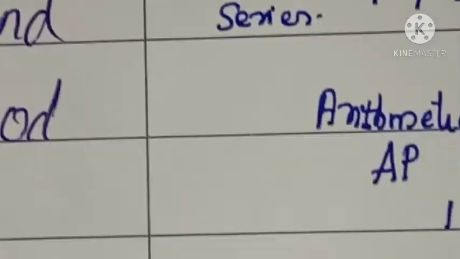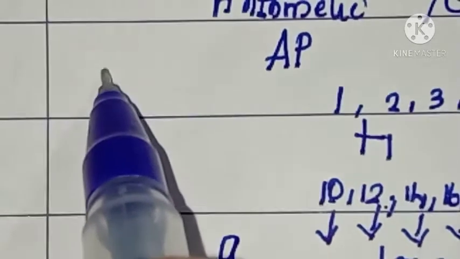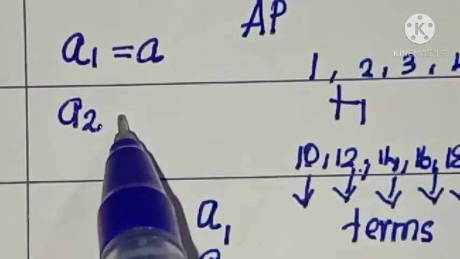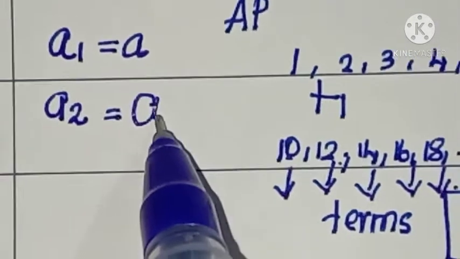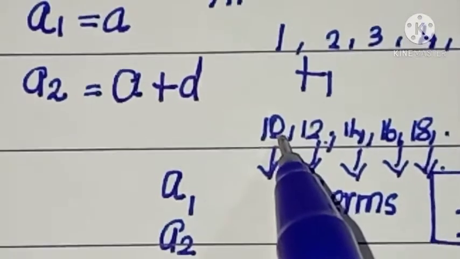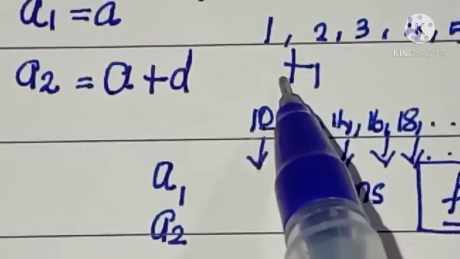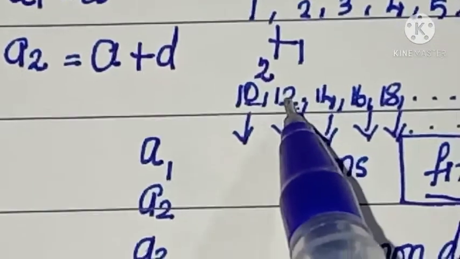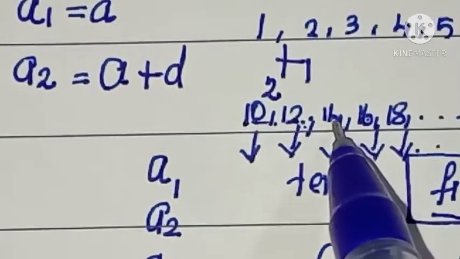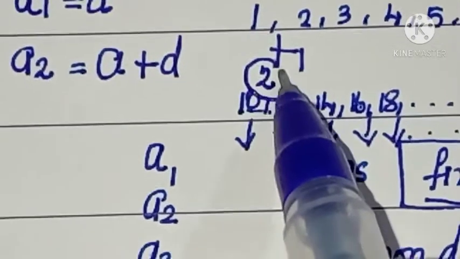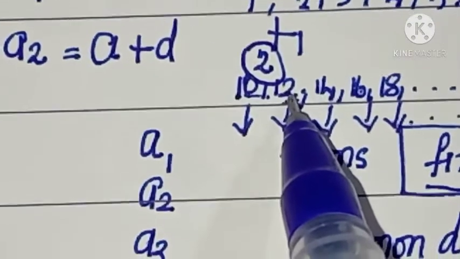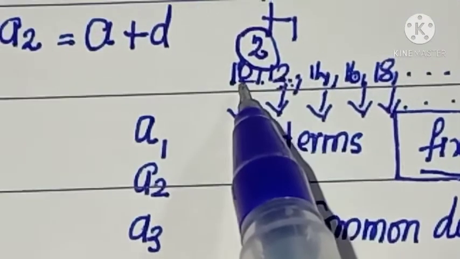Now the first term is a. The second term a2 is obtained by adding the common difference to the first term. What is the common difference here? The common difference is 2, because 12 minus 10, 14 minus 12, 16 minus 14. So the second term is obtained by adding 2 to the first term.